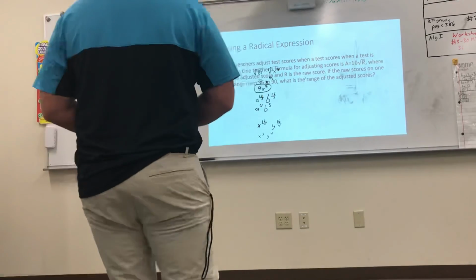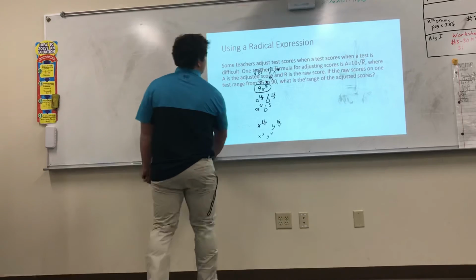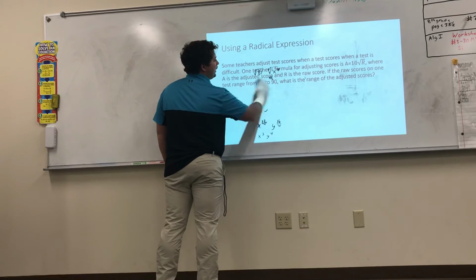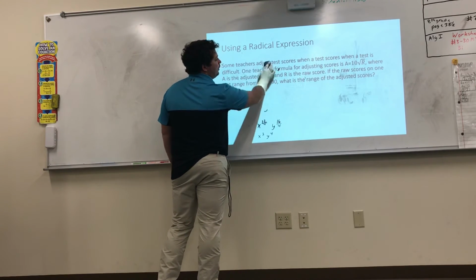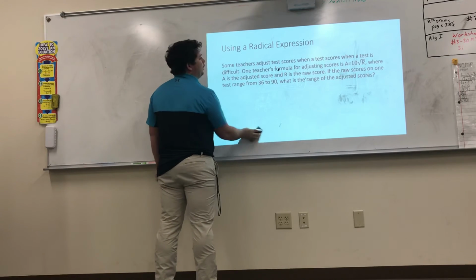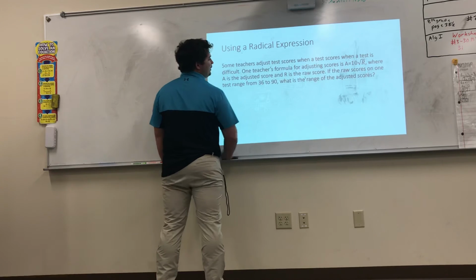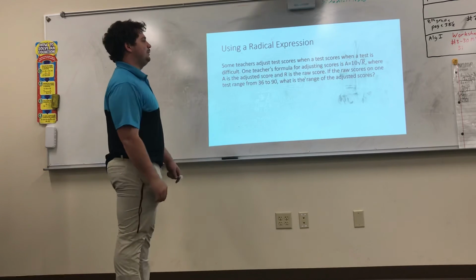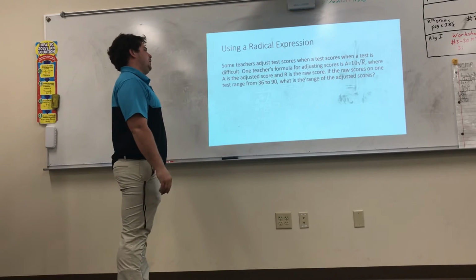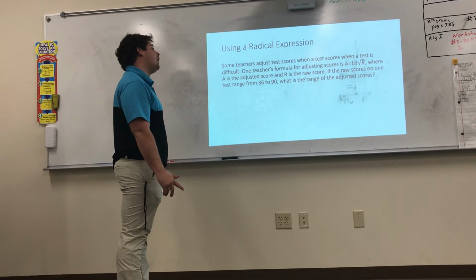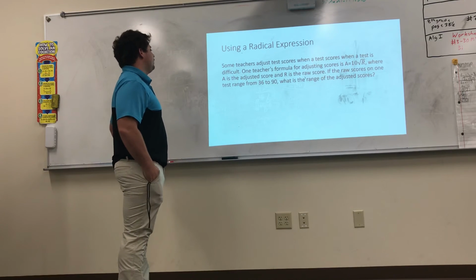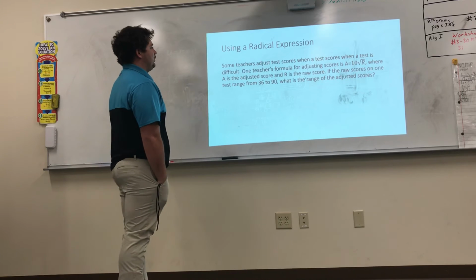Alright. Some teachers adjust test scores when a test is difficult. One teacher's formula for adjusting tests is A equals 10 square root of r, where A is the adjusted score and r is the raw score.